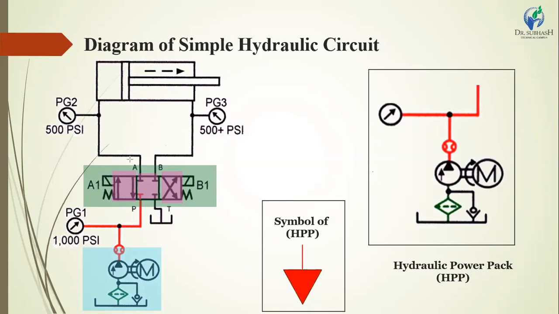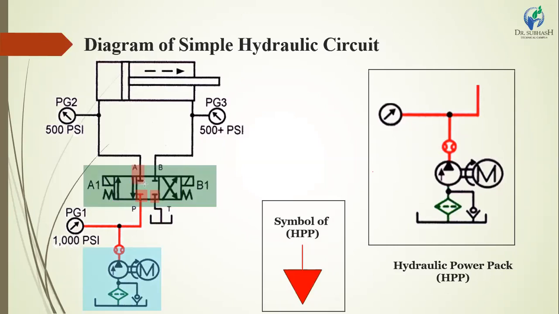First we have to know the points. This point is P, meaning oil coming from the pump. This point is T, meaning oil returned to the tank.